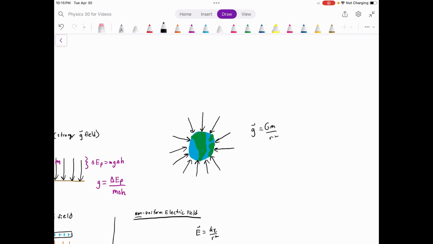If I'm thinking about this change in height versus this change in height, as I move from here to here, sure, my height is changing, but so is the gravitational field strength along with it. Essentially, two things are changing at the same time, making this not a great way to think about it, until you learn calculus once again.